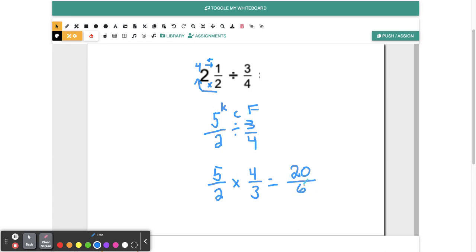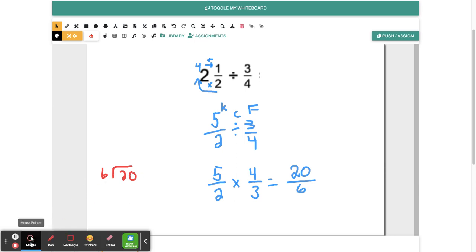Again, I see that I have an improper fraction here, so I want to turn that into a mixed number. I'm going to take my 20 and divide it by 6. I know some students have a hard time knowing how many times 6 goes into 20.